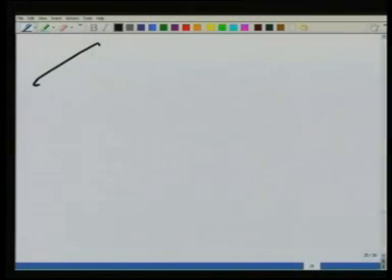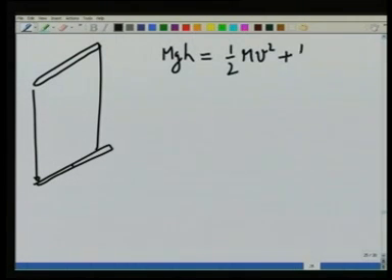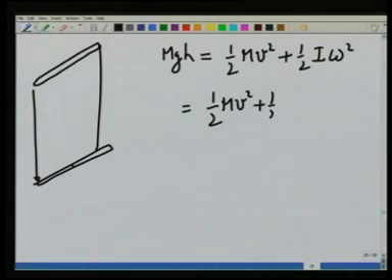The energy conservation tells me that the kinetic energy it gained while being dropped, which is equal to m g h, should be equal to its energy right after rebound, and that is going to be 1/2 m v square plus 1/2 I omega square, which is equal to 1/2 m v square plus 1/2 m L square over 12 omega square.